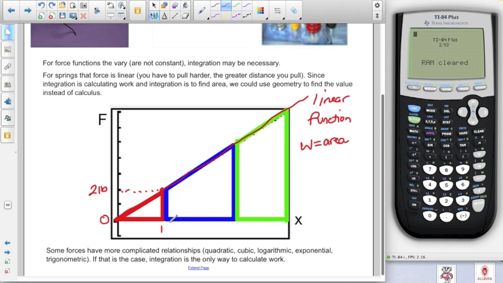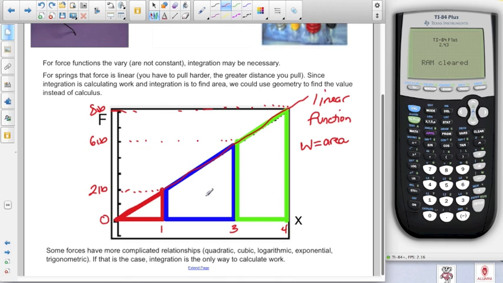And let's say after stretching it 3 inches, we end up having 1, 2, 3, 4, 5, 6 pounds of force. And after 4 inches, we have 8 pounds of force.